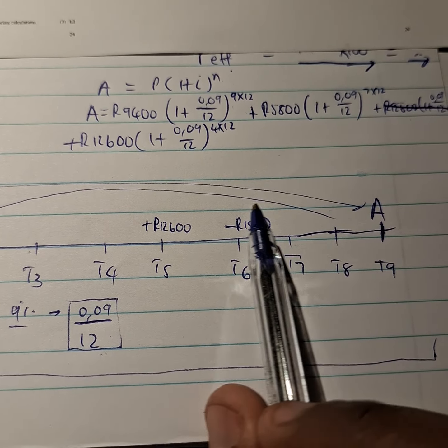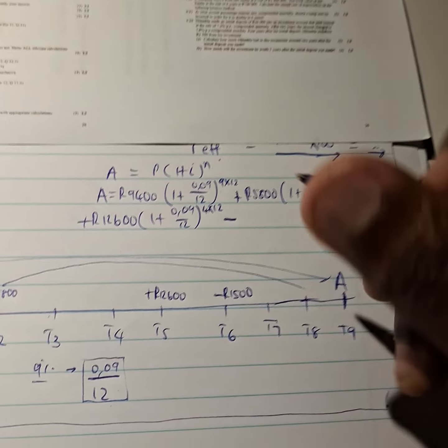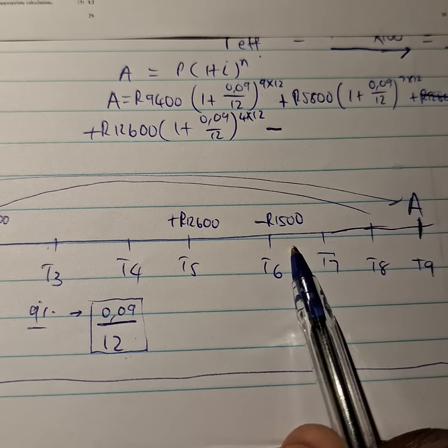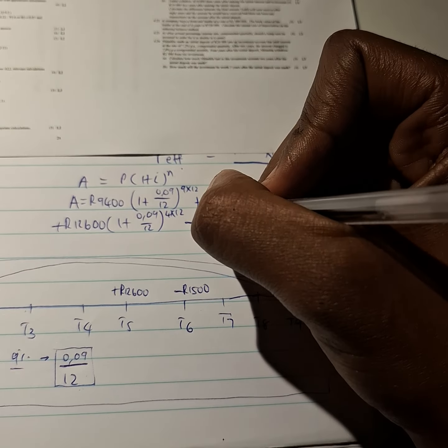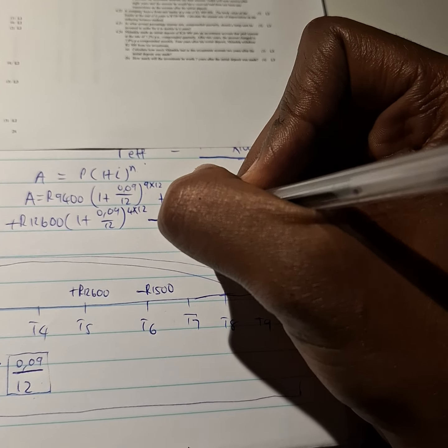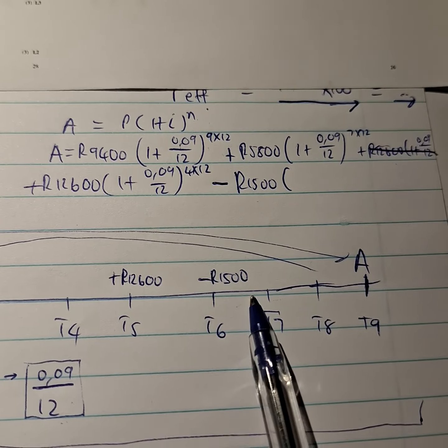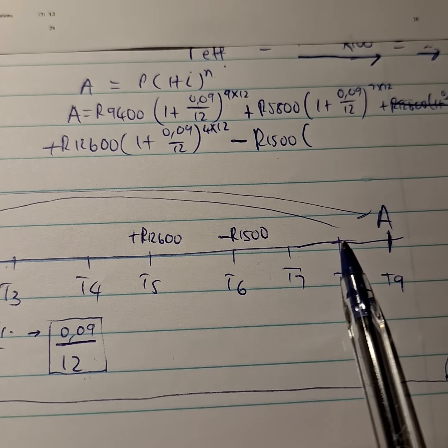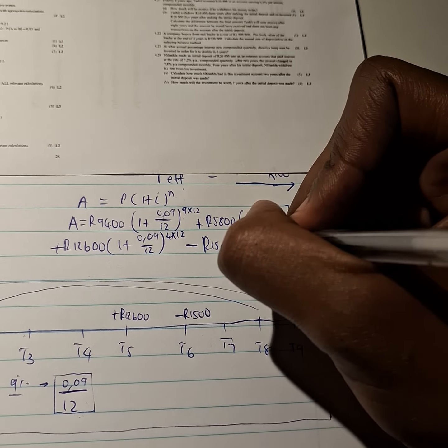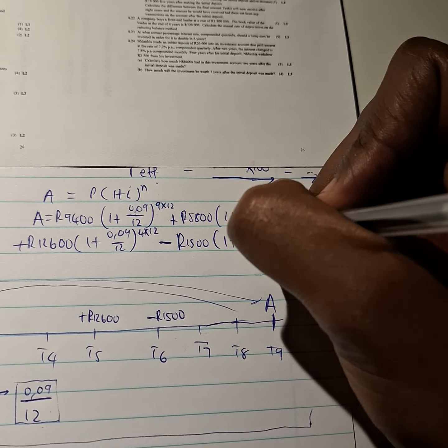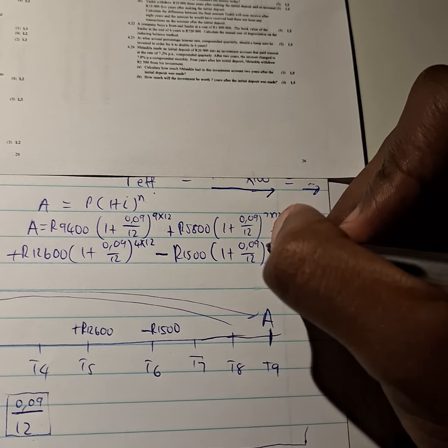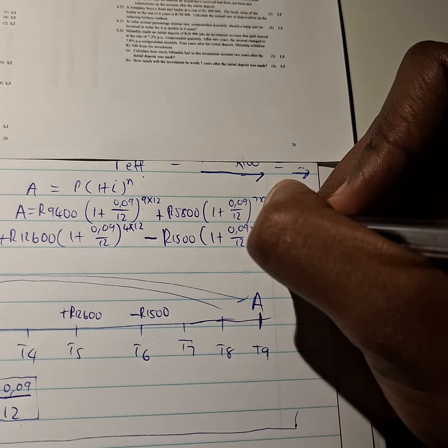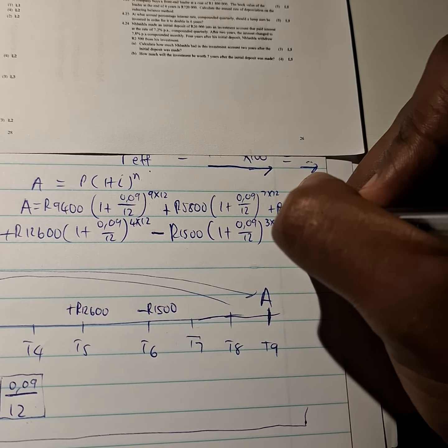Then there's a withdrawal. 1 year after this, this is minus 1,500. Then how long? 1, 2, 3. 1 plus 0.09 over 12 to the power 3 times 12.